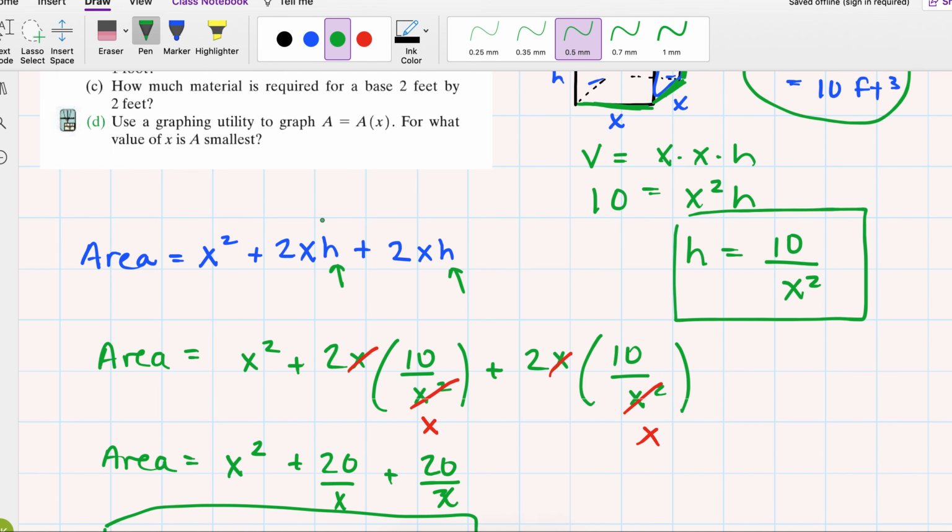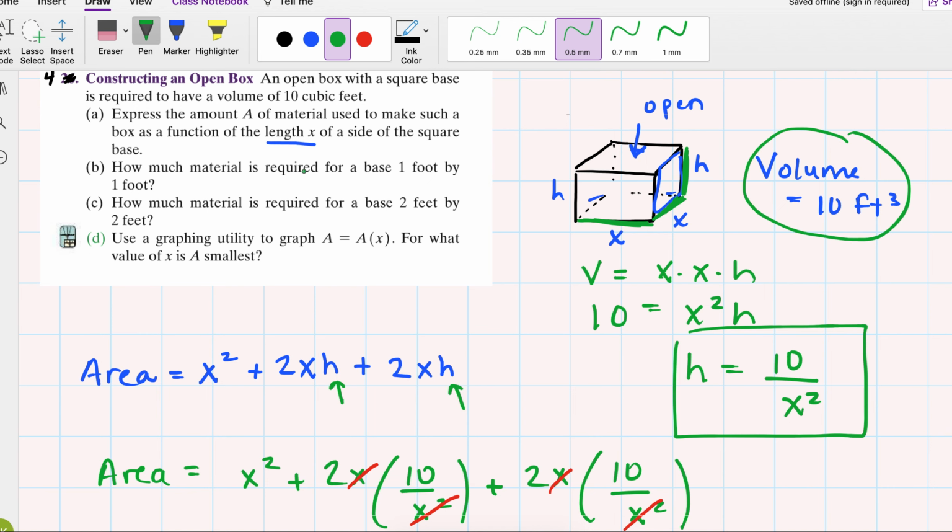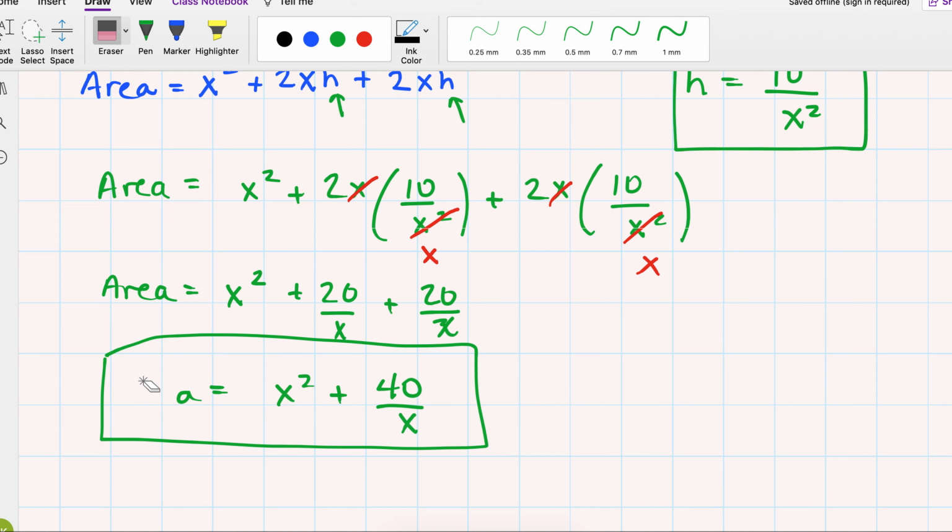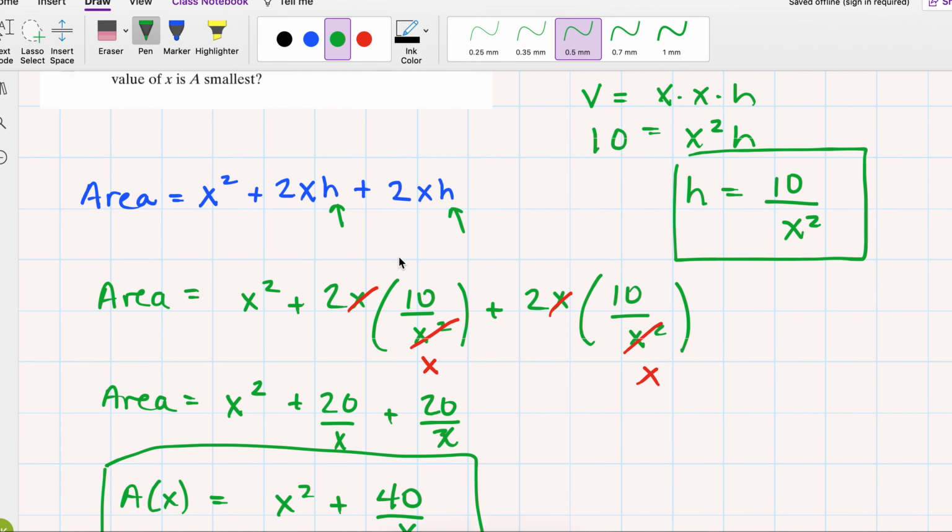So this formula is the surface area, which is the amount of material that you would have to use to make such a box. Okay, so this is what we're going to call A of x. So instead of writing area here, I'm going to say A of x, where A stands for area and x is the variable we're using.